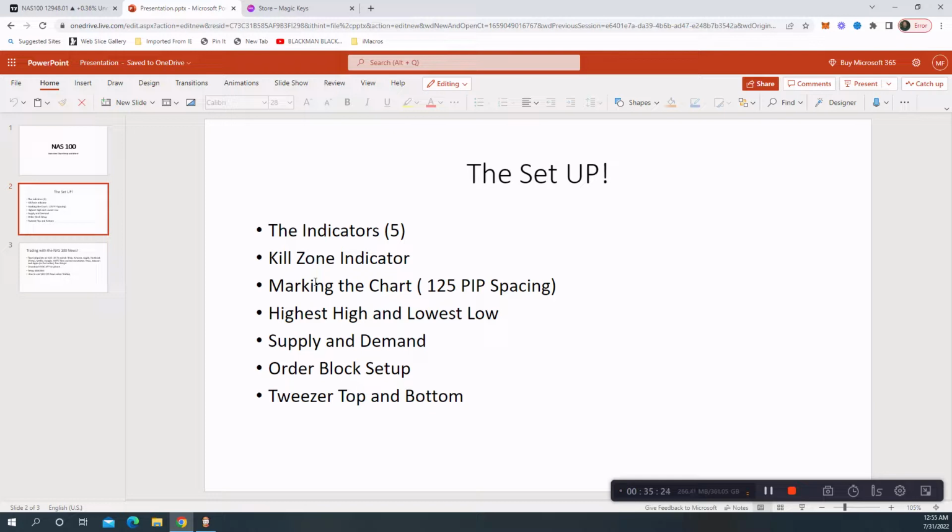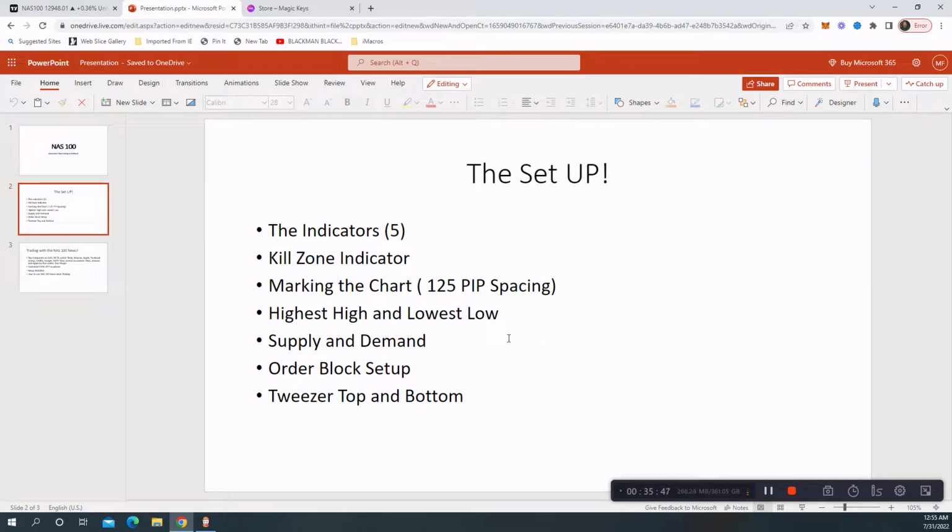these descriptions. Okay, the indicators, the kill zone, marking the 25 pip spacing. Don't forget you need to start where it's even. Okay, go back and check the video out if you don't remember what I'm actually saying. Include your highest and your lowest highs of that particular day.